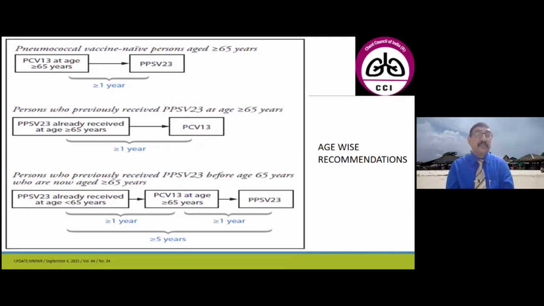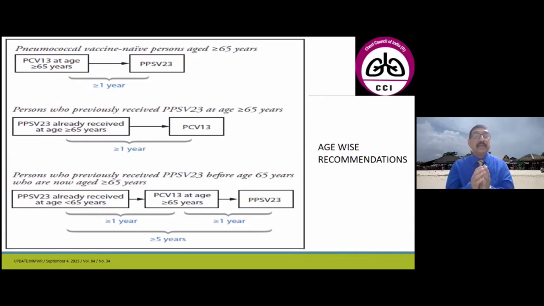Persons who previously received PPSV23 before age 65 years and who are now aged more than or equal to 65 years: the patient already received PPSV23 before the age of 65 years. After 1 year, you have to give PCV13. After 1 year, you have to give PPSV23. But between the last vaccination of PPSV23 and the previous vaccination of PPSV23, there should be a gap of at least 5 years.